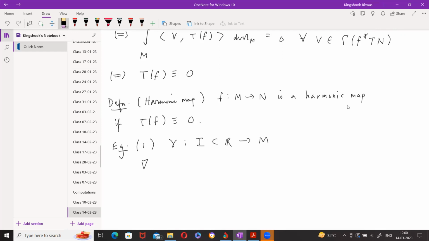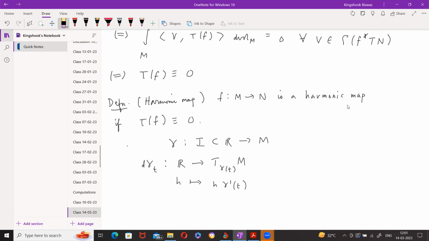So what is d gamma? d gamma at t is the linear map from R to T_gamma(t) M, h goes to h times gamma prime of t. Okay, this is d gamma at t.